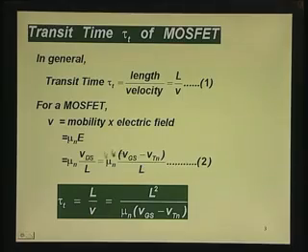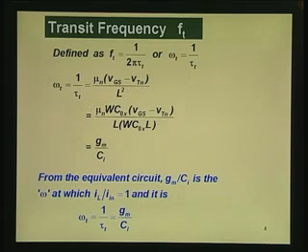When you substitute all these together, transit time is actually equal to length square divided by mobility and a voltage dependent term. So, you can see that it is very important to reduce the channel length to have smaller transit times, because the transit time actually decides what the transit frequency is.